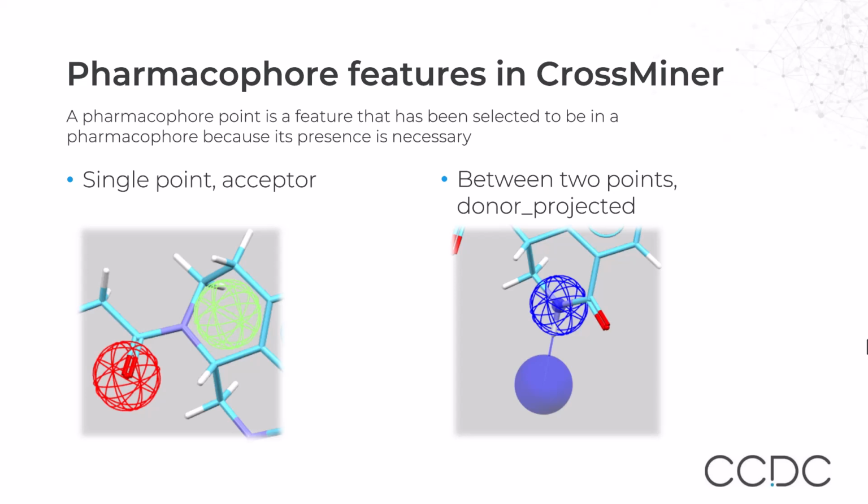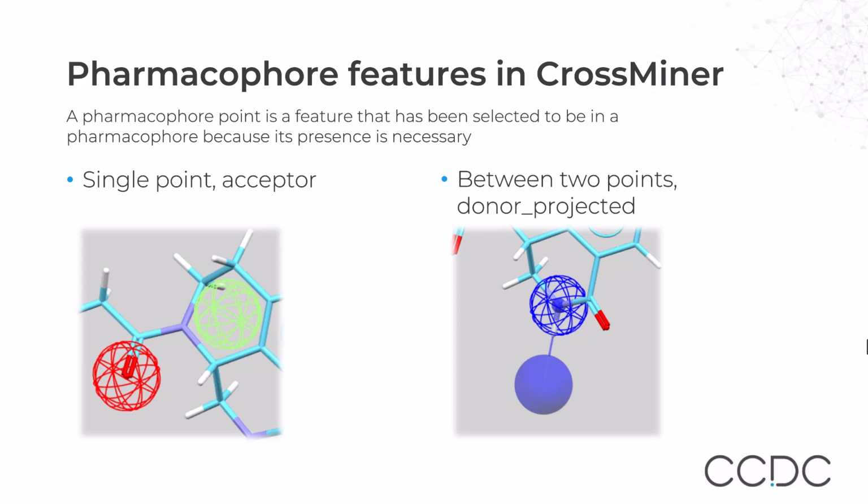And to understand more what a pharmacophore is and how it works in CROSS-MINER, I have to introduce one more concept for you. And this concept is a pharmacophore point. A pharmacophore point is a feature that has been selected to be in a pharmacophore because its presence is necessary.